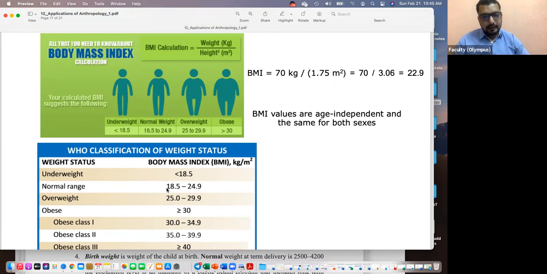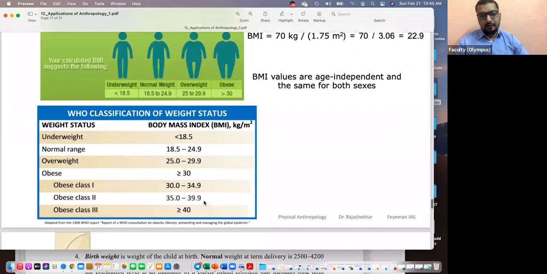This chart is telling us what is normal. 18.5 to 24.9 is normal. 25 to 29 is overweight, and above 30 BMI is obese. And again 30 to 35, 35 to 40 and above 40 tells us the severity of the obesity in those people. So we can make specific changes to the nutritional components and to physical activity based on where we fit.